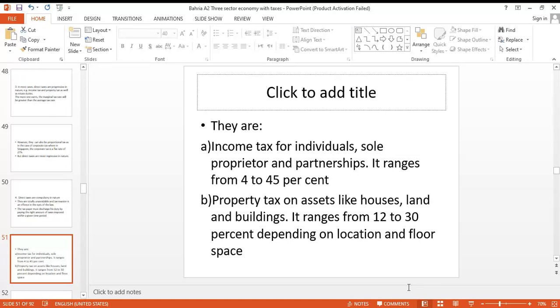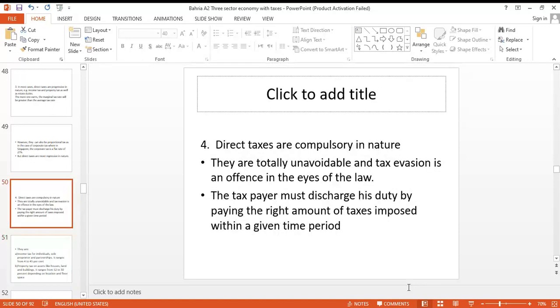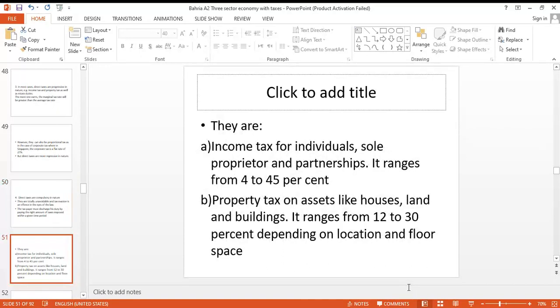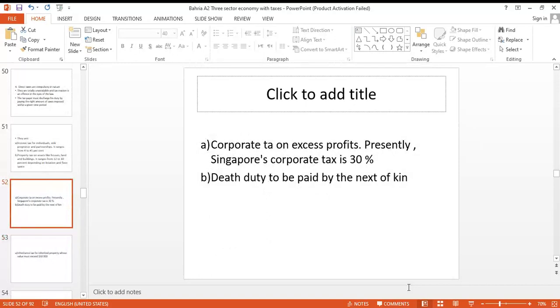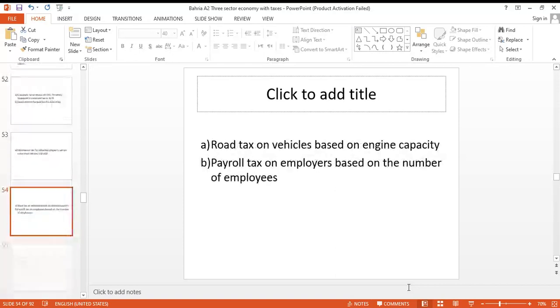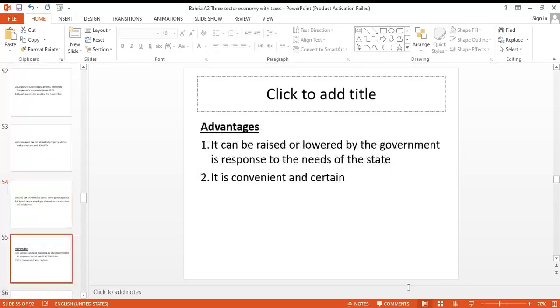Okay? So, as I said, direct taxes are compulsory. They can fall into the category of income tax, property tax, corporate tax, death duty tax, okay, inheritance tax, road tax, payroll tax. So these are the various forms that direct taxes can take, and there are various advantages.